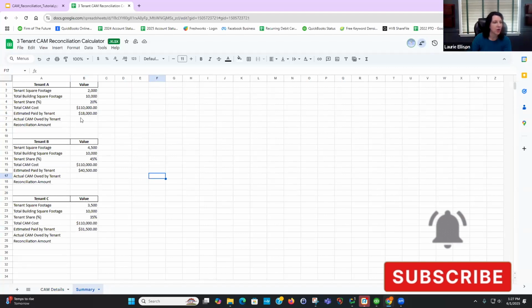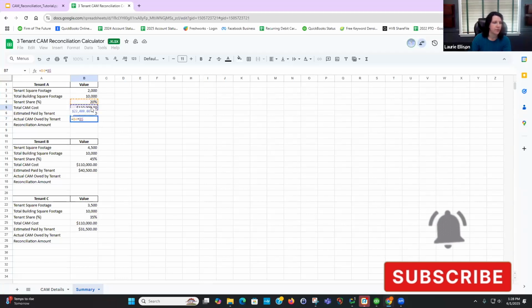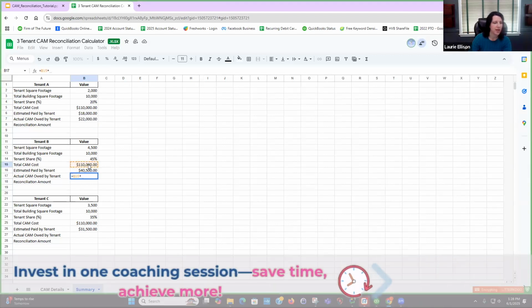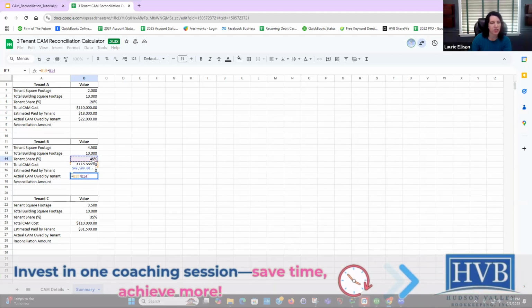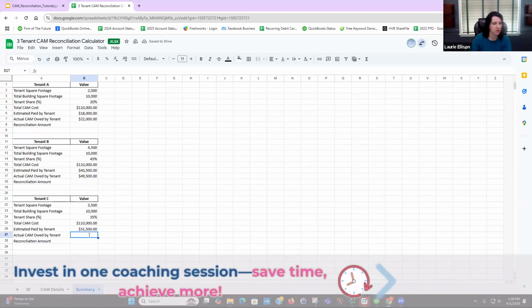What the actual CAM owed by the tenant is 20% of the 110,000. So I'm multiplying the total CAM by their proportionate share. Don't let it do an autofill.